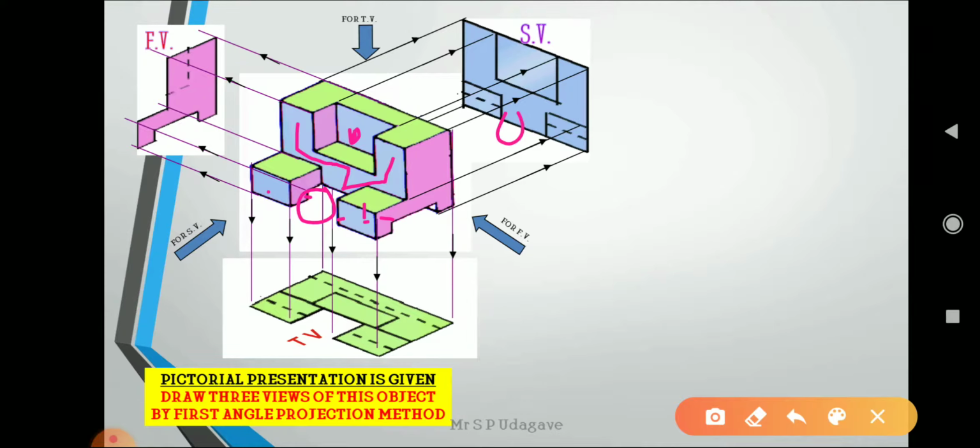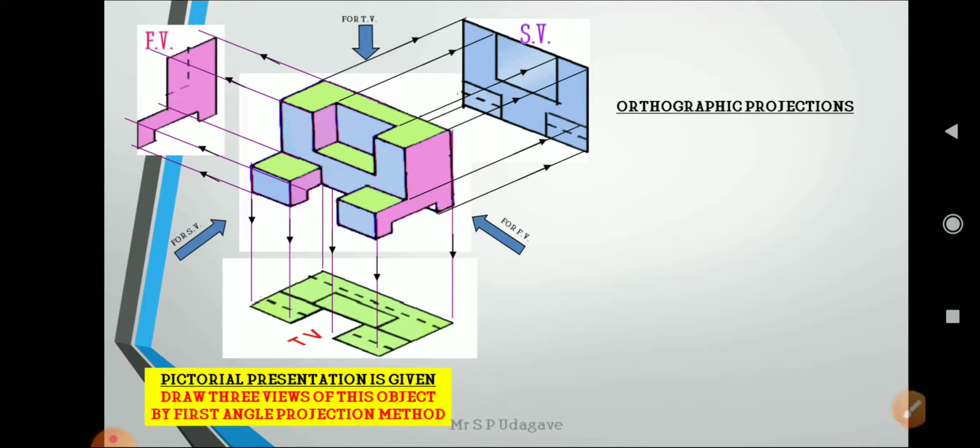So only the dotted lines related to that cavity we can draw in the side view. Also, the edges we cannot see in the side view, we can draw with dotted lines.